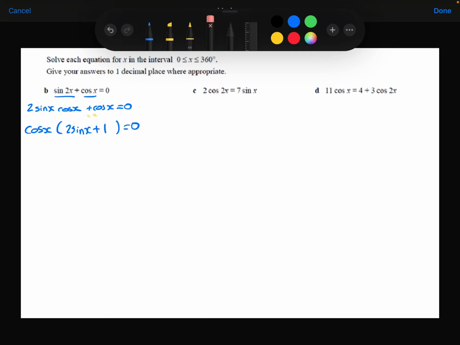So just to be super clear, we've got this times this is this, and this times this is this. Now that it's been factorised, I can say that either the cos x equals 0, or the sine x equals minus 1/2.